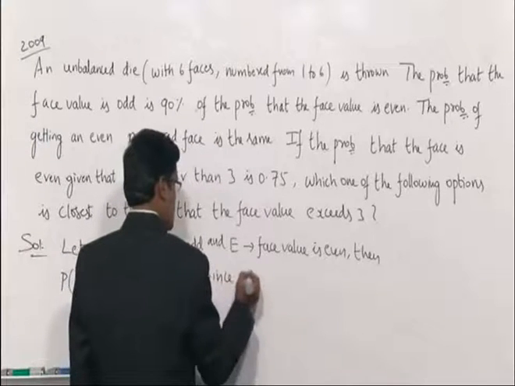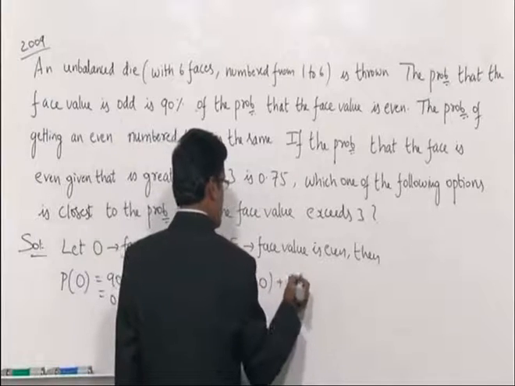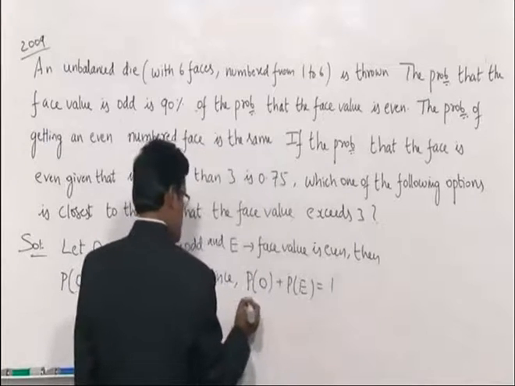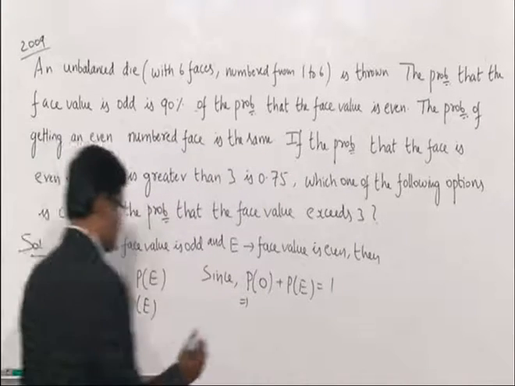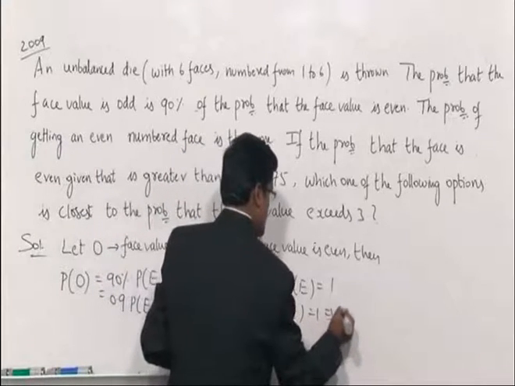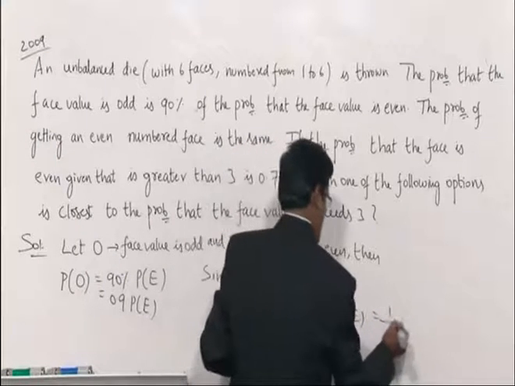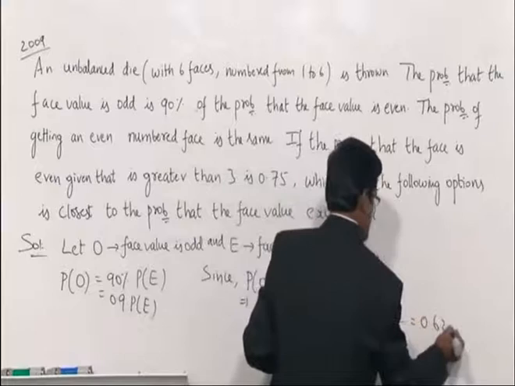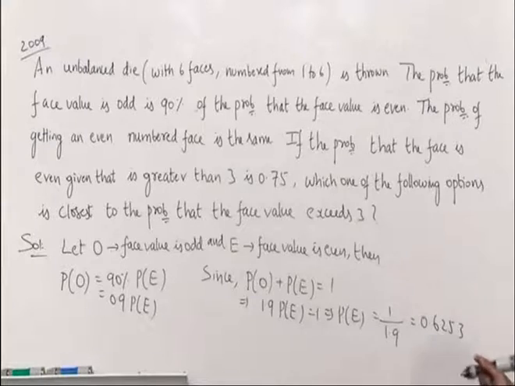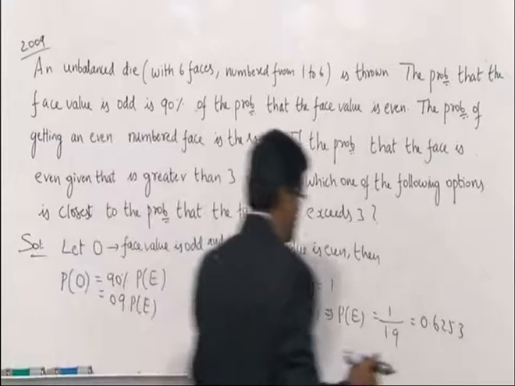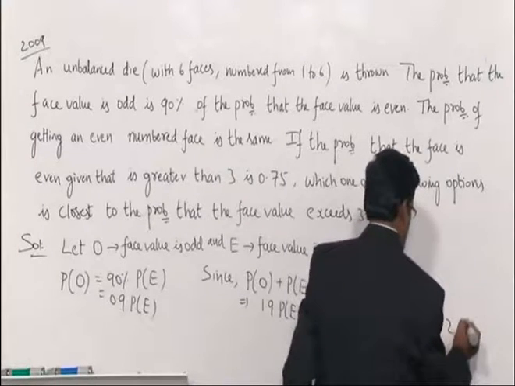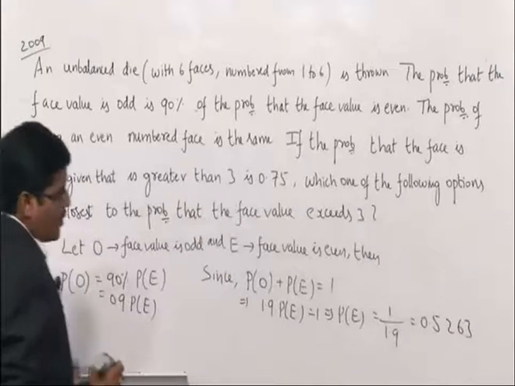Since the probability of odd face value plus the probability of even face value, these being mutually exclusive cases, is equal to 1, substitute P of O there: 1.9 times P of E is equal to 1, which implies P of E is equal to 1 by 1.9, which is 0.5263. Check that value, correct or not.